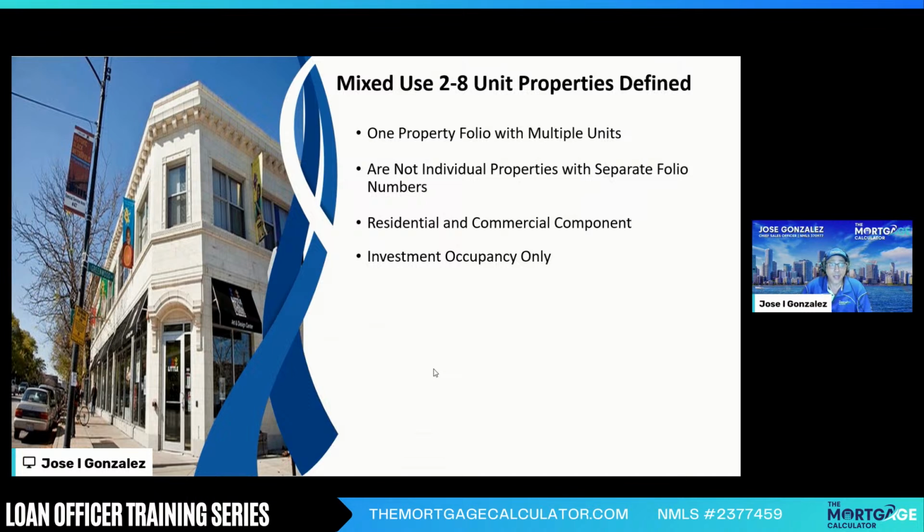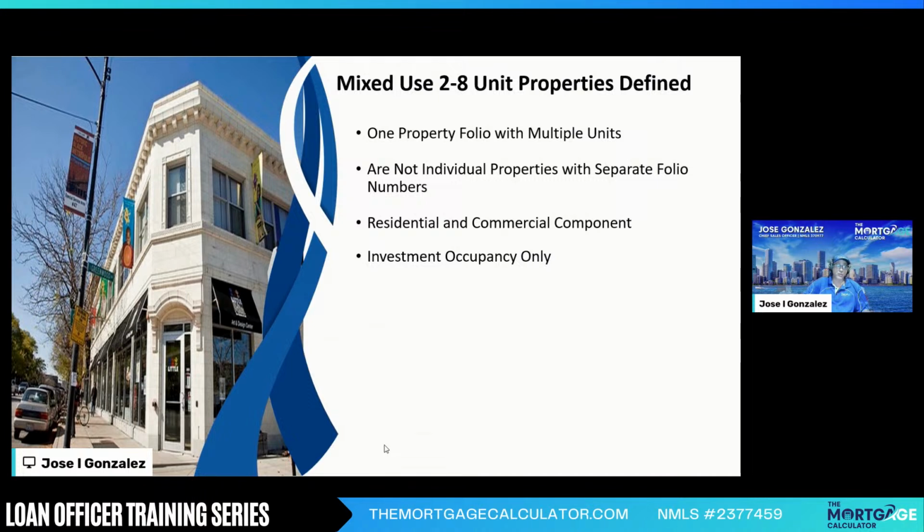Since it does have a residential component, this is investment only. And this particular option, as you're going to see in the next slide, is a DSCR loan, debt service coverage ratio. This loan does not require any personal income for the borrower.